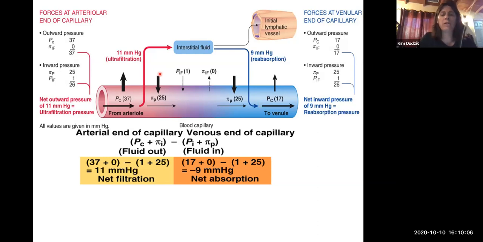So remember, the water is helping to be the transport medium, so the water is filtering and reabsorbing, coupled with the concentration gradients of the other solutes, dictates if it moves out or moves in. Okay, so those are the Starling forces influencing filtration at the arterial end of a capillary and reabsorption at the venule end of a capillary.